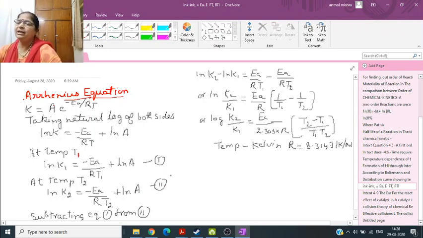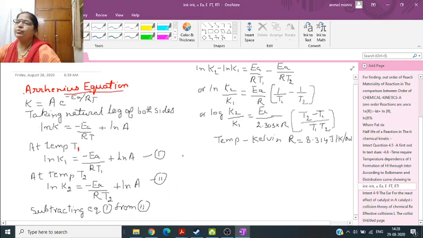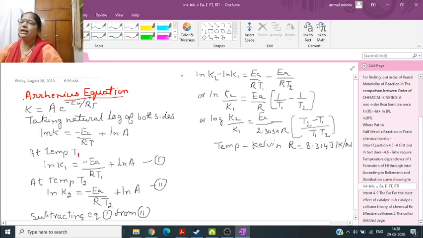Now subtracting equation 1 from 2, we get ln K2 minus ln K1 is equal to Ea by RT1 minus Ea by RT2. So ln K2 by K1 is equal to Ea by R, taking Ea and R common, into 1 by T1 minus 1 by T2.